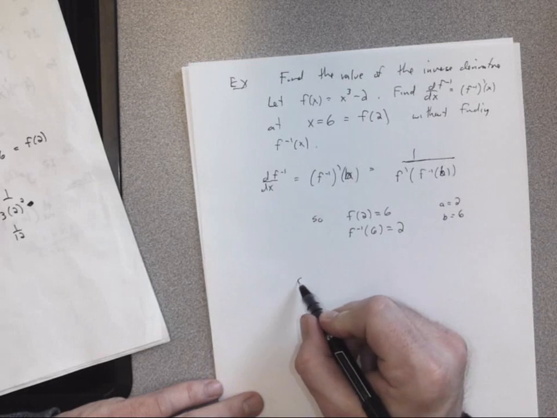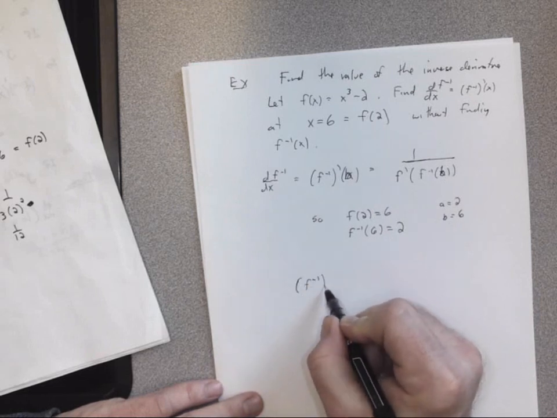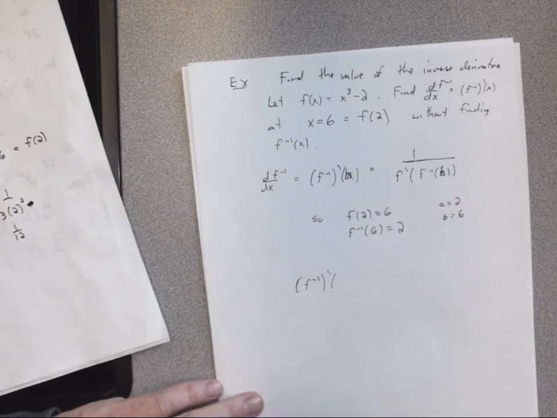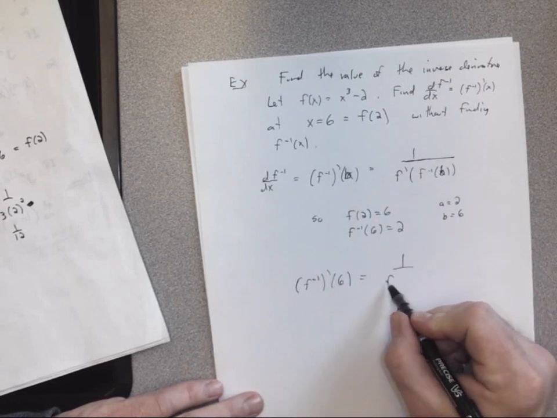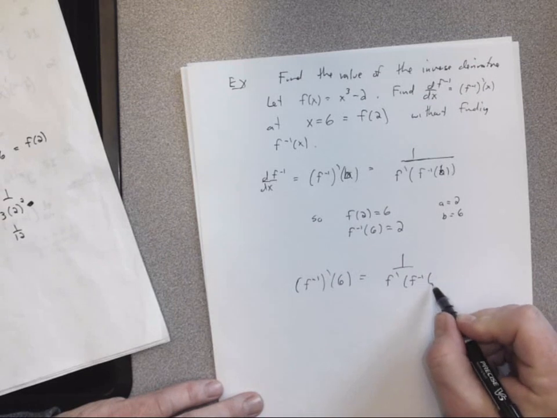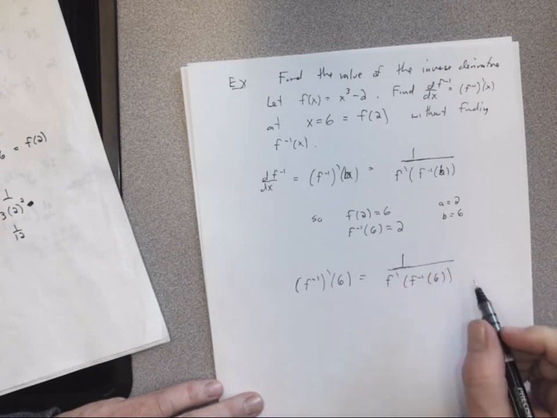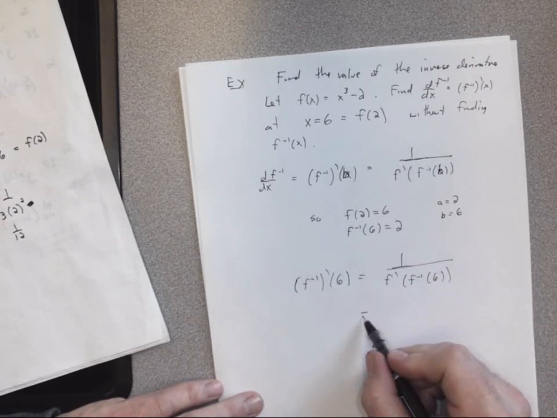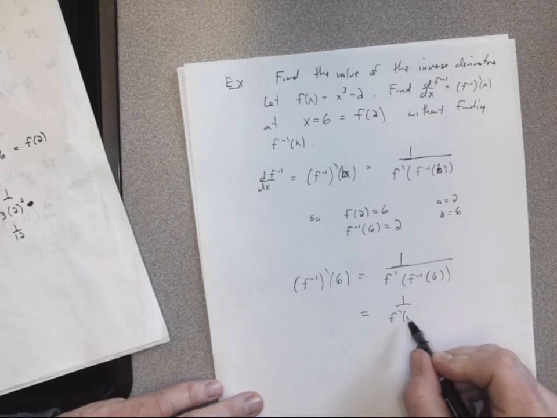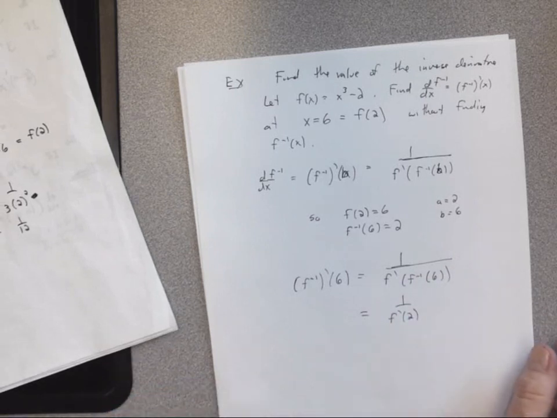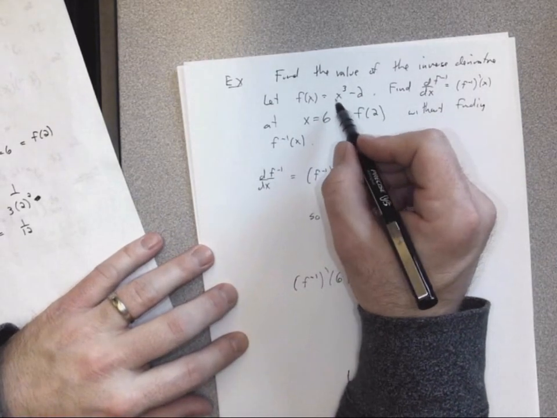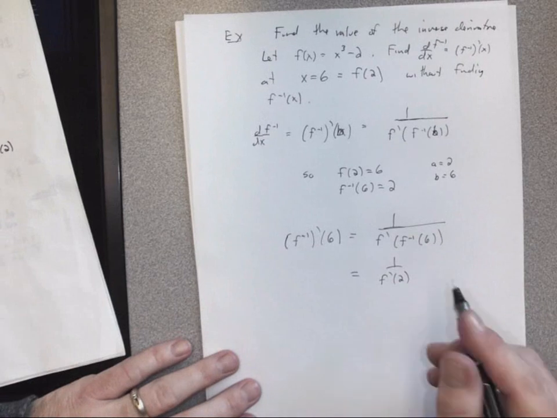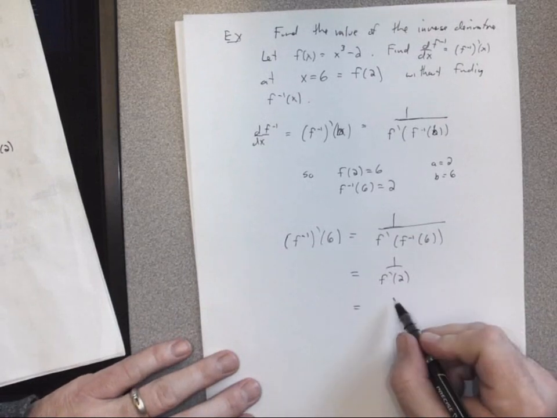So that means this f inverse prime of 6 is going to be equal to 1 all over f prime of f inverse of 6. We know that f inverse of 6 is equal to 2, so this is 1 over f prime of 2. So I know that f of x is equal to x cubed minus 2.